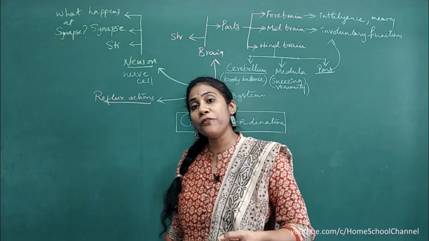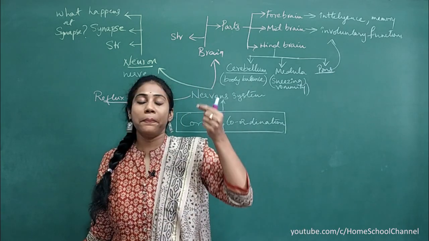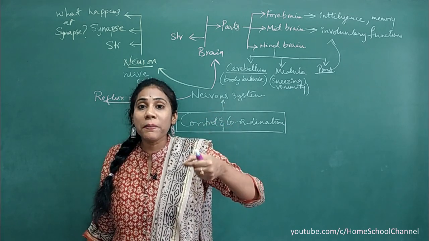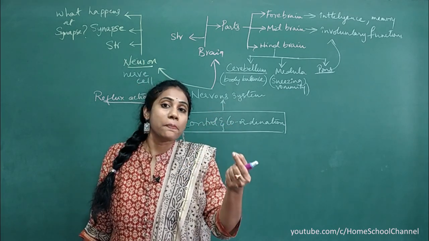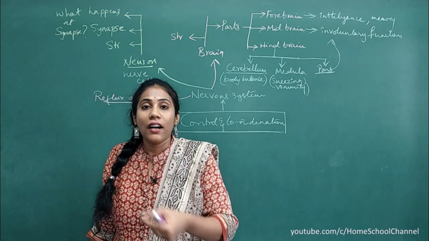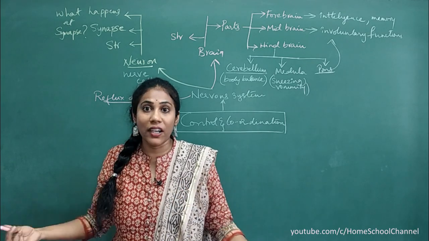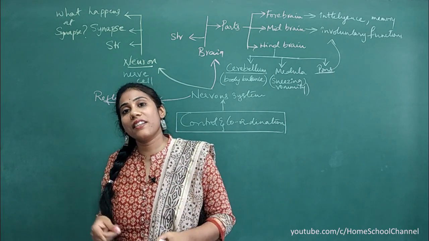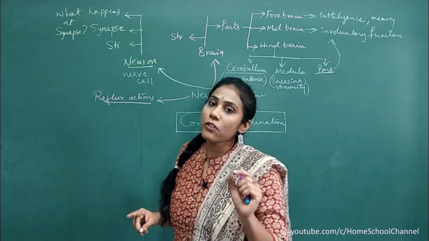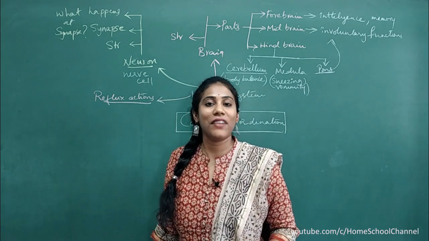Sometimes the information may not go to the brain, it may take a lot of time. So the information may go to spinal cord, and according to the spinal cord's guidance, our various organs may work, right? So quick actions or sudden actions which are controlled by spinal cord are called reflex actions.